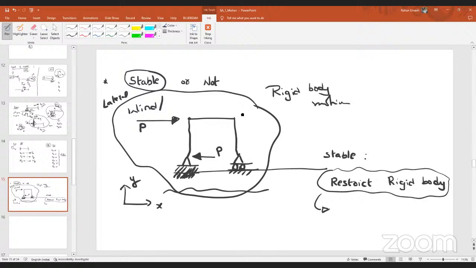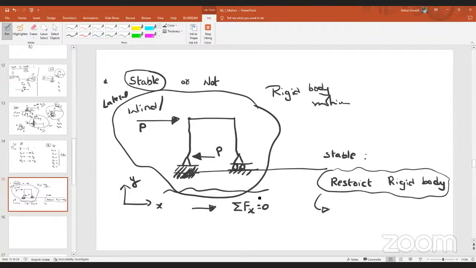So in this specific problem, to avoid the rigid body motion along the x direction, I can say my sum of forces along the x direction is equal to 0. As you can see here, it is P on the right and P on the left. If we add these two, how much will we get? 0.